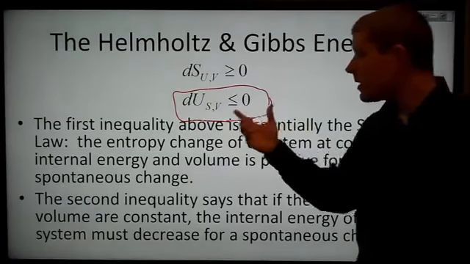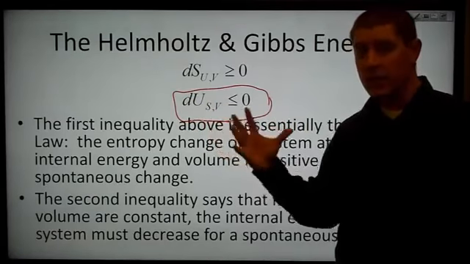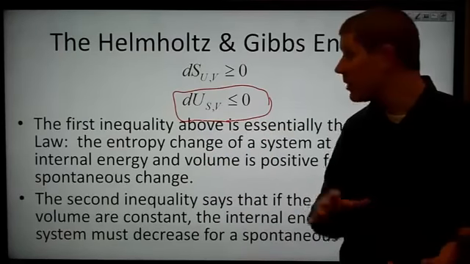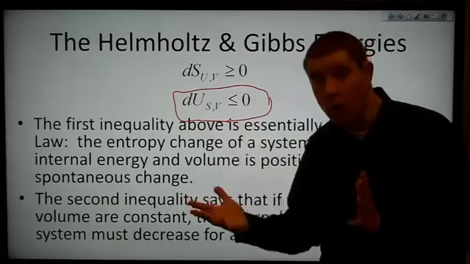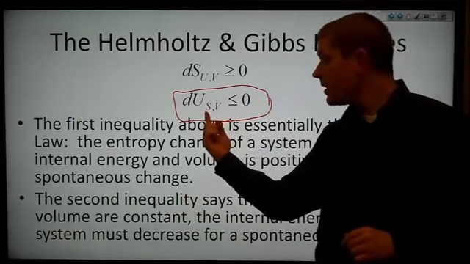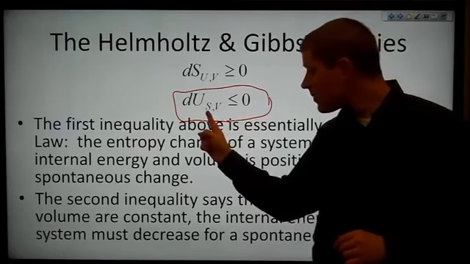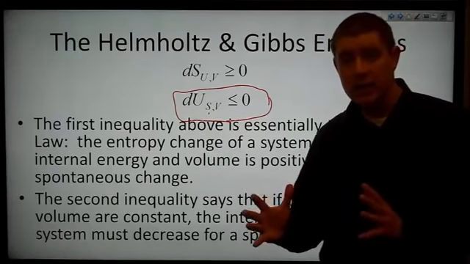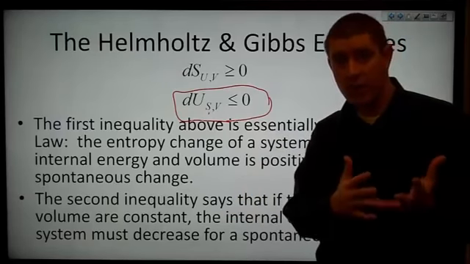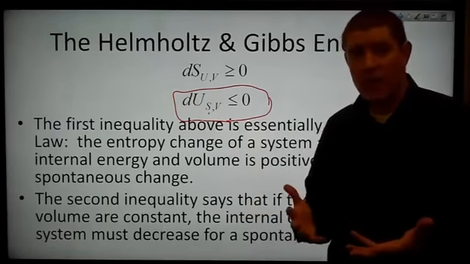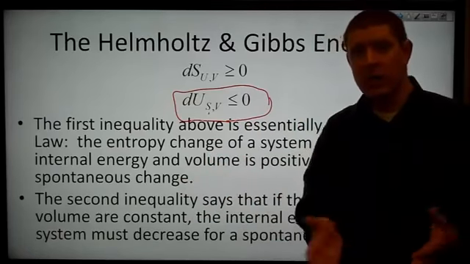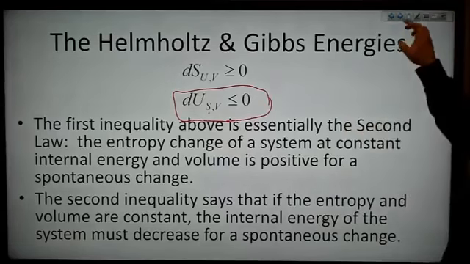Because the entropy of the universe as a whole must be increasing for any spontaneous change, and if the entropy of our system, this S, is constant, then we know that the entropy of the surroundings must be increasing. The only way for that to happen is to have energy leaving our system, going into our surroundings. That will increase the entropy.